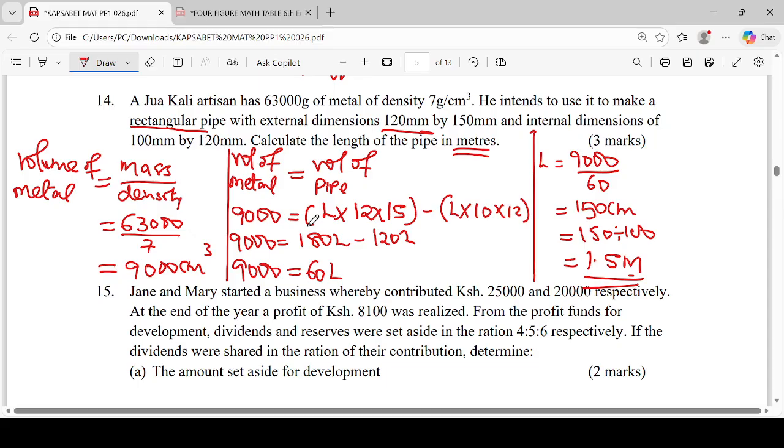Let's proceed to question number 15, which is our second last question of discussion.